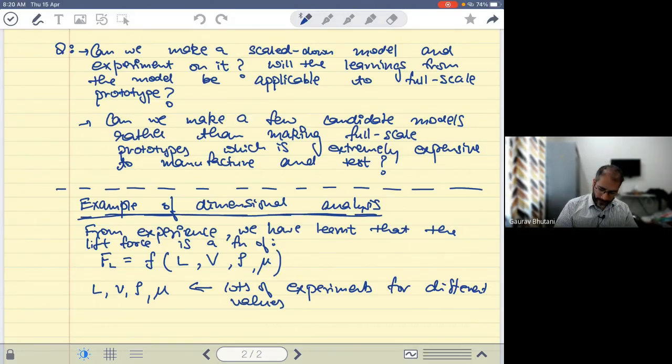So let's say 10 each. That's just an approximate number. So this will result in 10,000 experiments to get the function f.